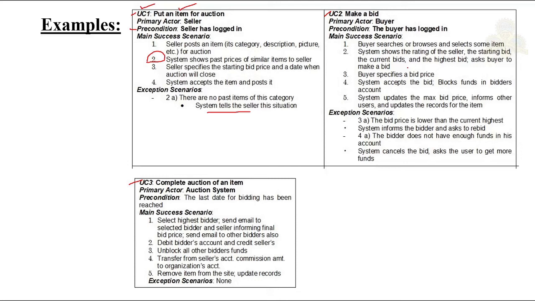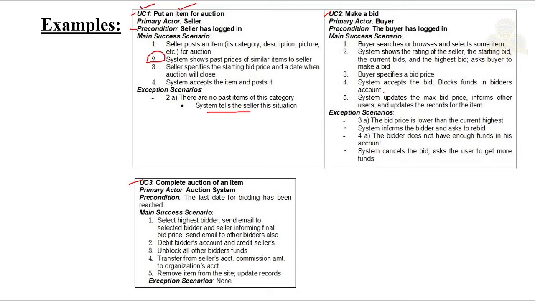Next, the buyer specifies a bid price. Say, for example, the highest bid price for the particular book which the seller has posted was 500 rupees. Now this buyer posts 600 rupees as the bid price. Once he has posted the bid price, the system accepts the bid and blocks the funds in the bidder's account.